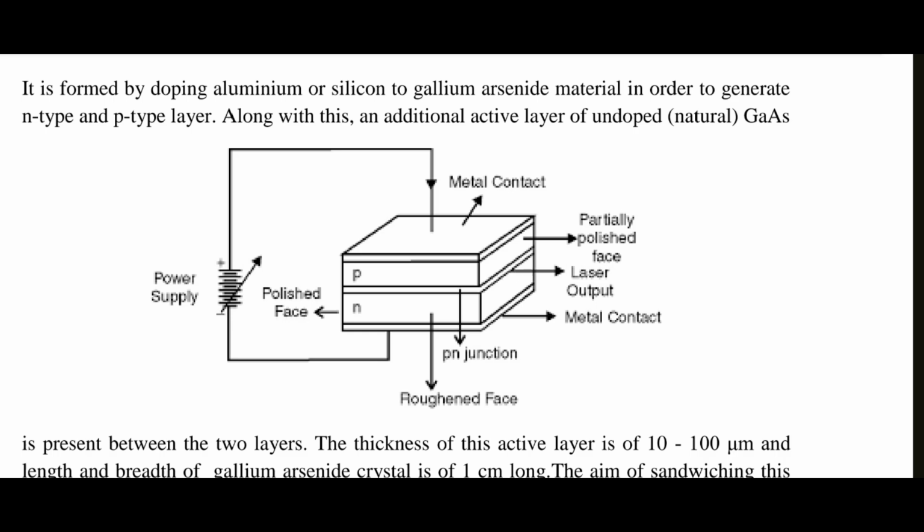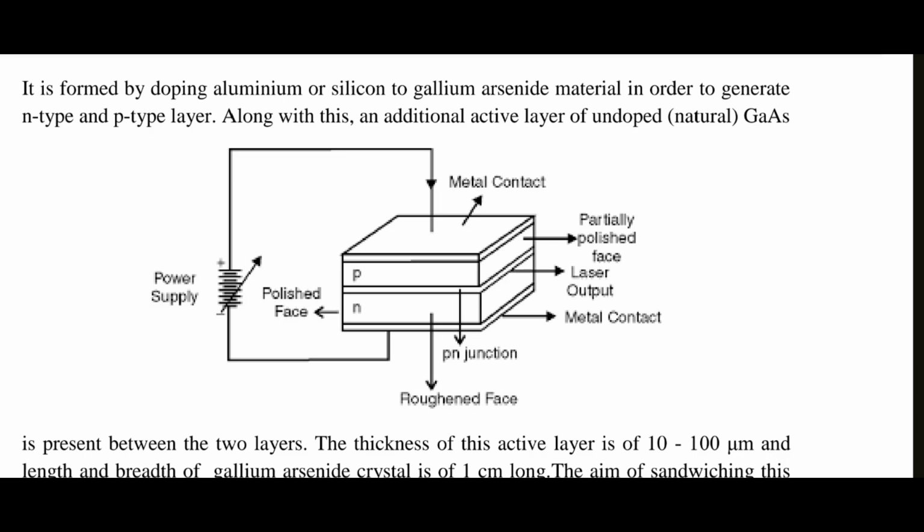The aim of sandwiching this layer between p and n-type is, with the help of power supplies, to increase the electron hole recombination, resultantly increasing the emitted radiation. The laser output is taken from the active region only.